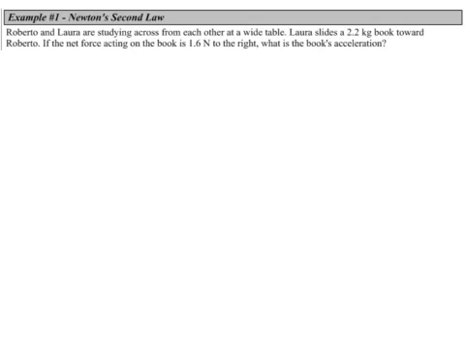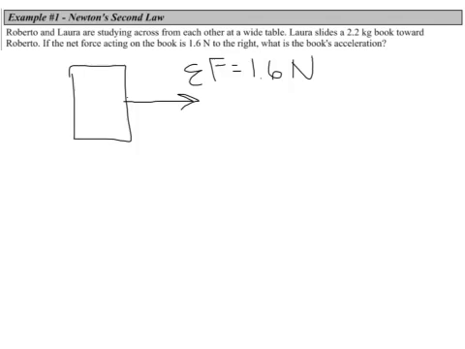So we've got this book, and here it is sitting on the table. It's being slid across the table, and there are multiple forces acting on it, but we're told in the problem that the net force is this 1.6 newtons to the right. We want to know the book's acceleration. And the mass of the book is this 2.2 kilograms.